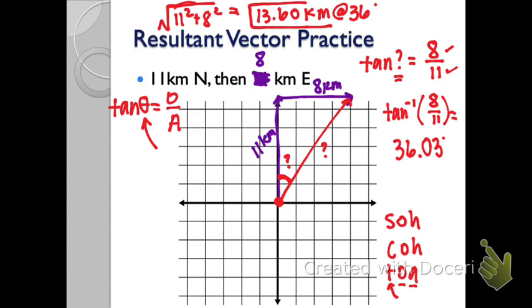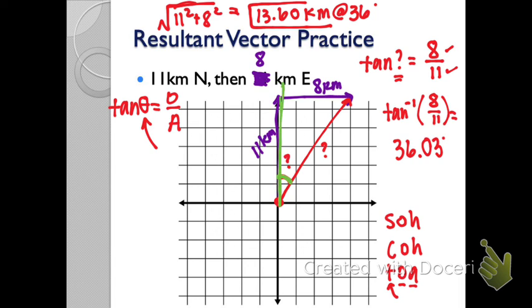I want to show you how we know the difference. We're looking at this angle right here. The way we can tell is we have to decide which axis my angle is touching. The north, the east, the south, or the west axis? It's touching the north axis, right?